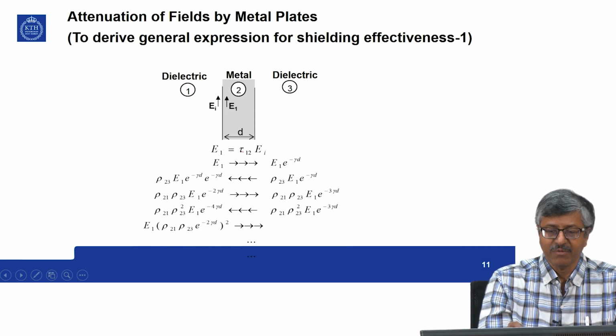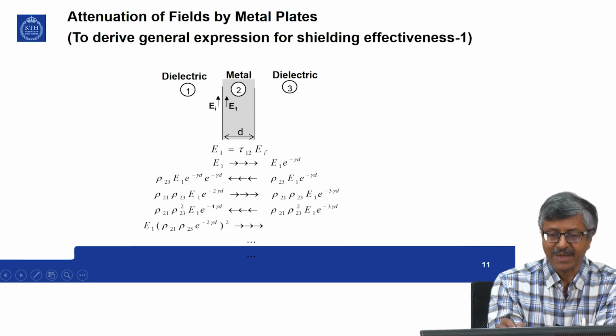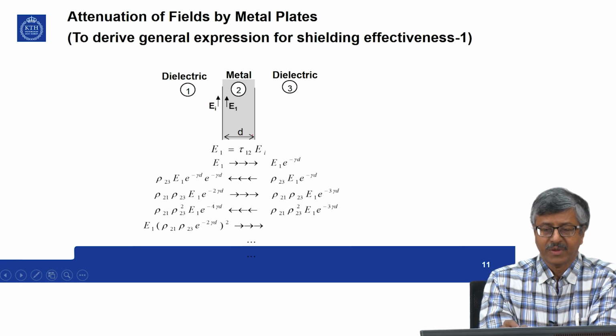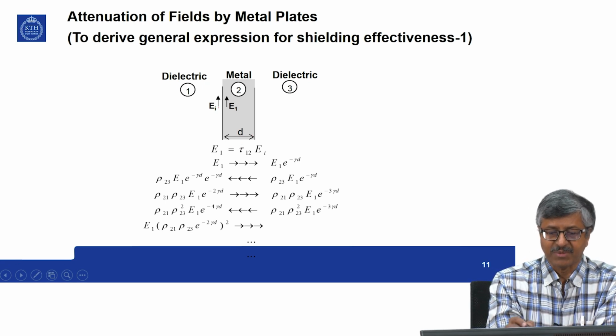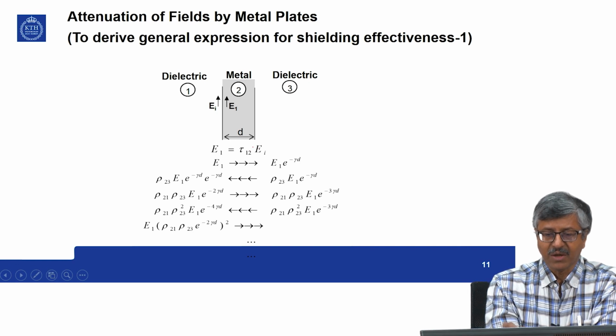E1 will be the transmission coefficient from 1 to 2 times E_I. This comes from the definition of the transmission coefficient.